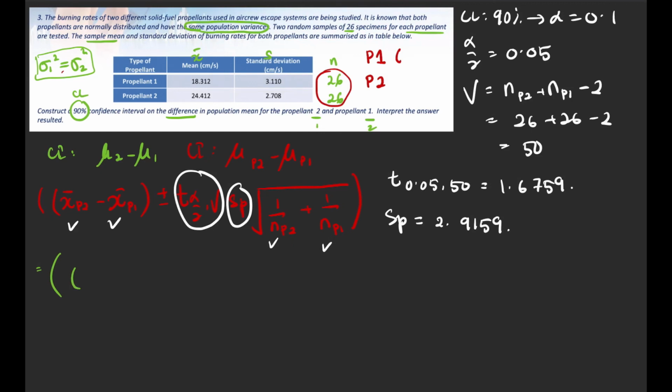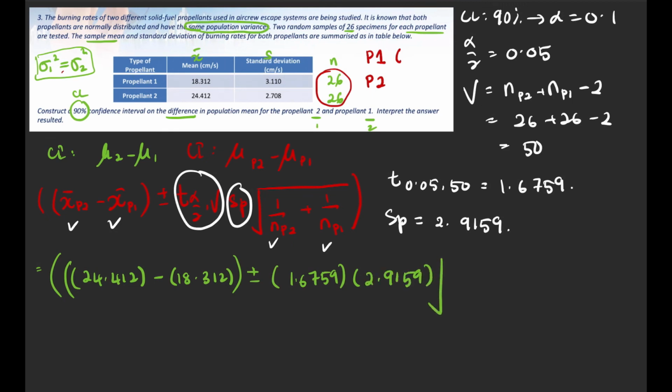X bar P2 is 24.412 minus x bar P1 is 18.312, plus minus 1.6759 times sp 2.9159 times the square root of 1 over n propellant 2, 26, plus 1 over 26.